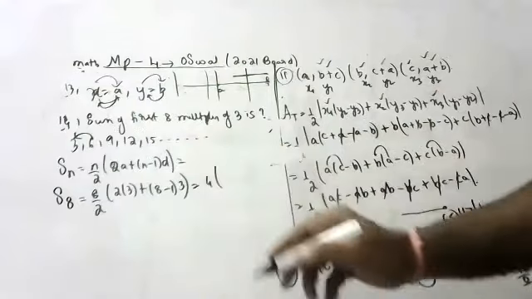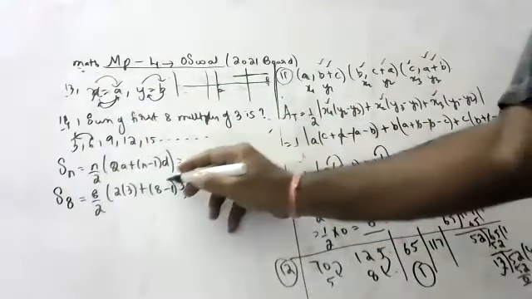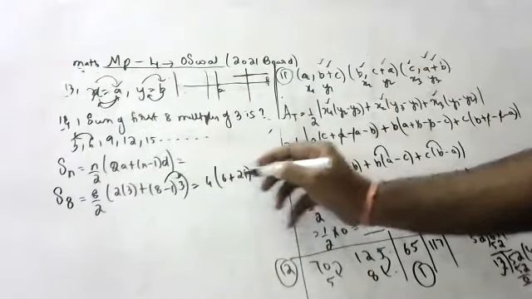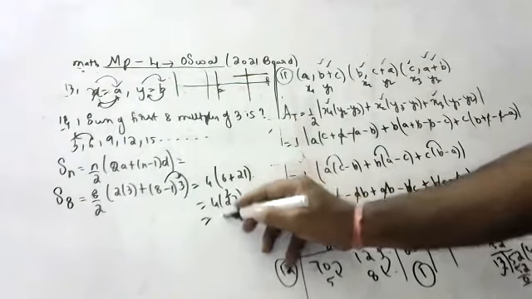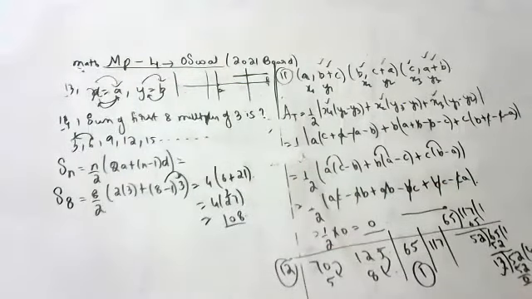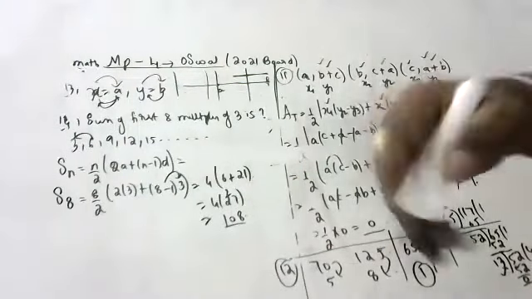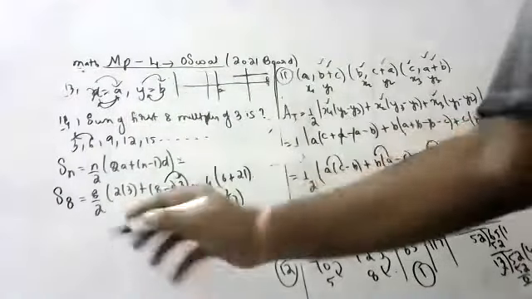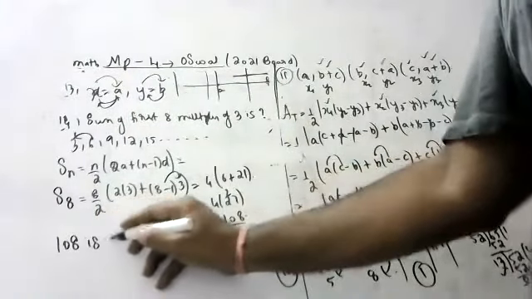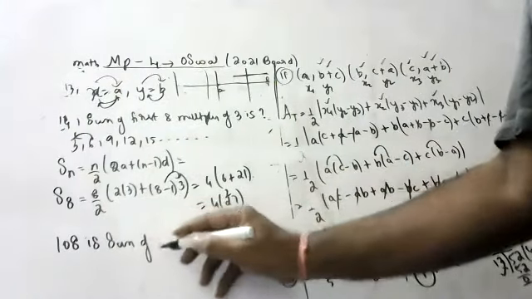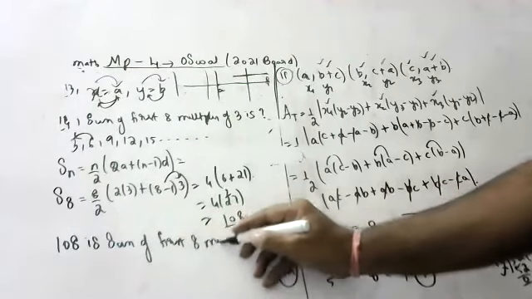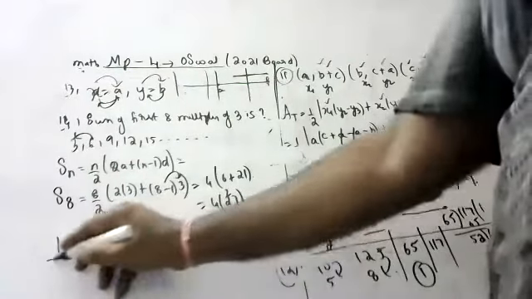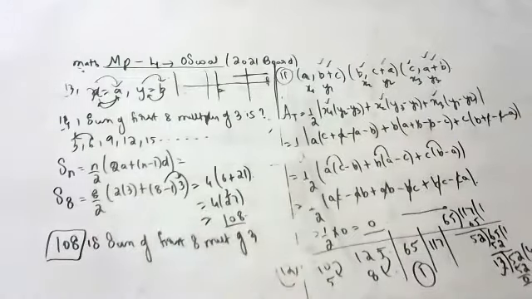Okay, 4 into 6 plus 21, 4 into 27, 108. Tell me the statement for this answer, Nana. Therefore, the sum of first 8 multiples of 3 is 108. So children, 108 is the sum of first 8 multiples of 3.